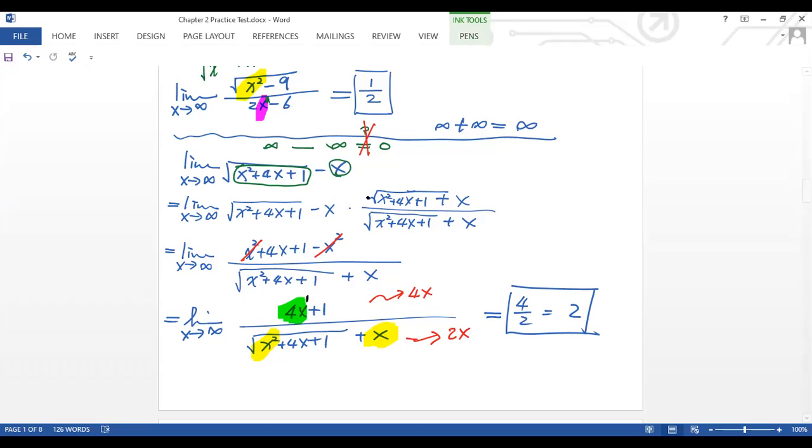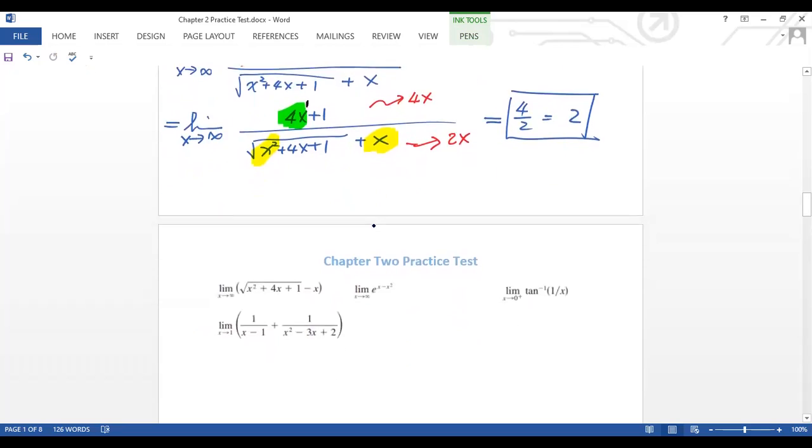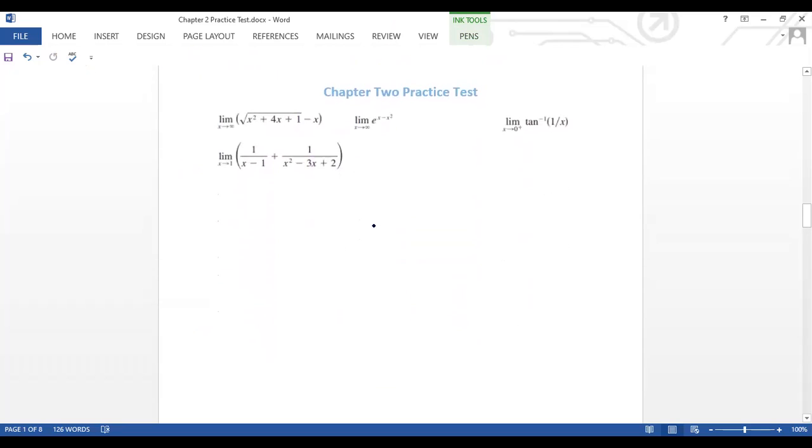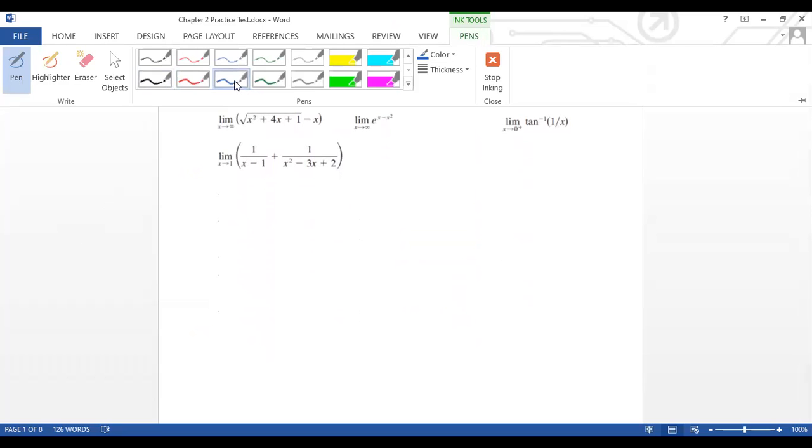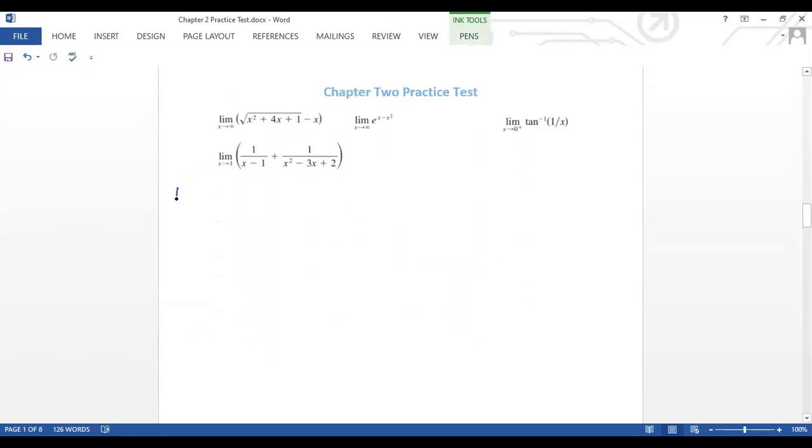Okay, so this one is very important, and it's a very tricky layer here. All right, so let's take a look at the next one. This is the limit as x approaches infinity of e to the x minus x squared.